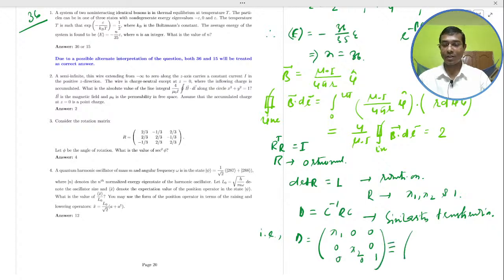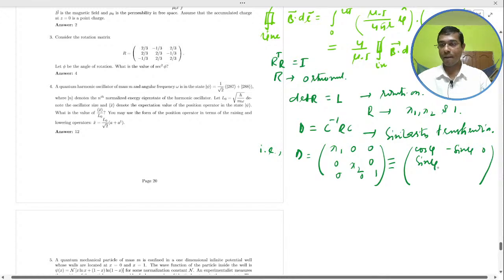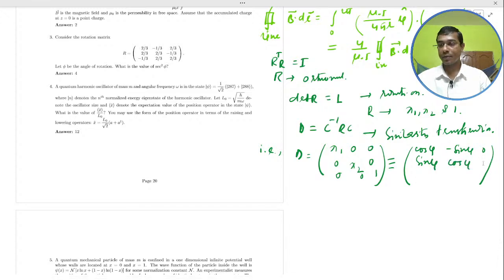We compare with the result: cos phi, minus sin phi, 0; sin phi, cos phi, 0; and the last row 0, 0, 1.